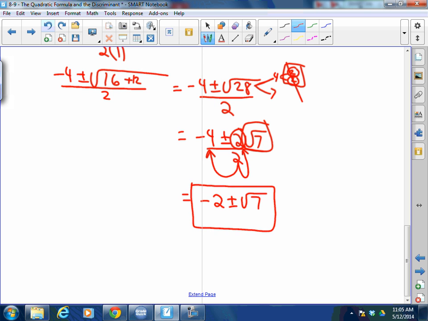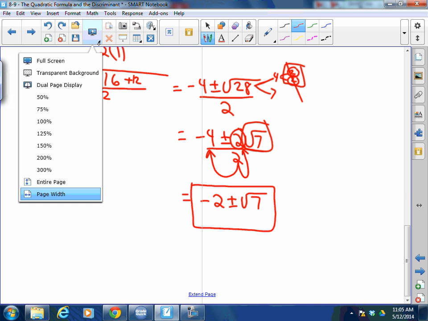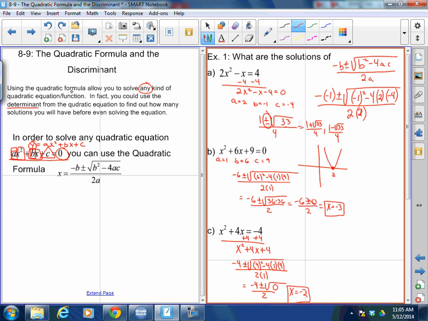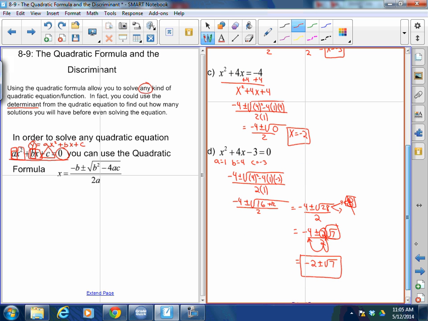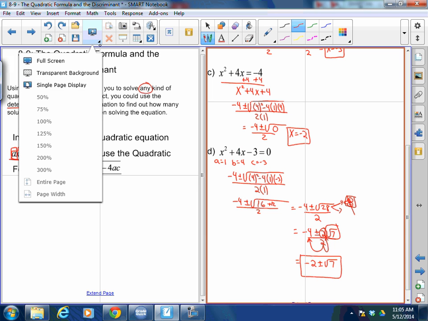That is what I'm looking for, my friends. All the way simplified. Does that make sense? Yes, no, maybe, kind of, sort of? Okay. May I continue? Okay, thank you.